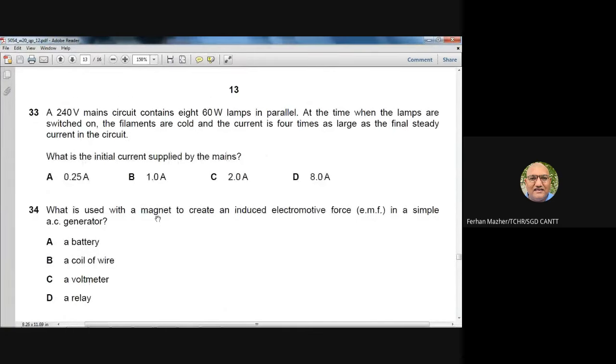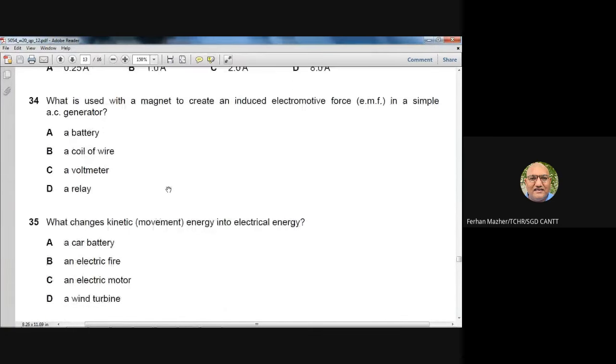What is used with a magnet to create and induce electromotive force in a simple AC generator? You see, in an AC generator, we have a magnet and we have a coil, and the magnet and the coil move relative to each other.